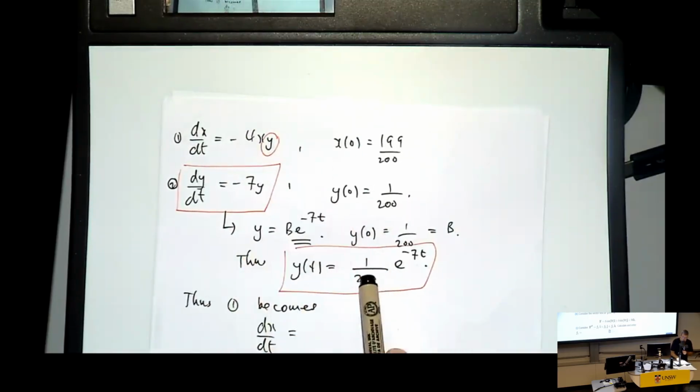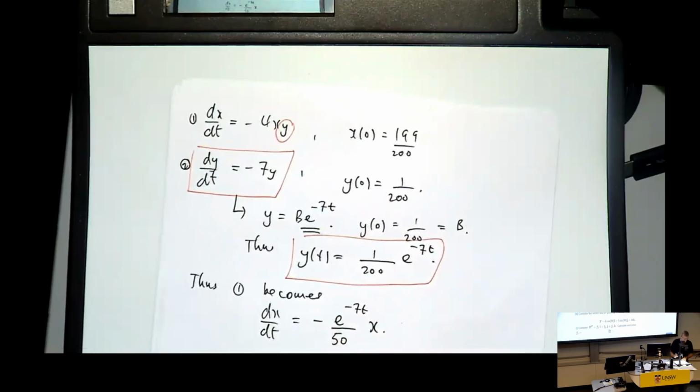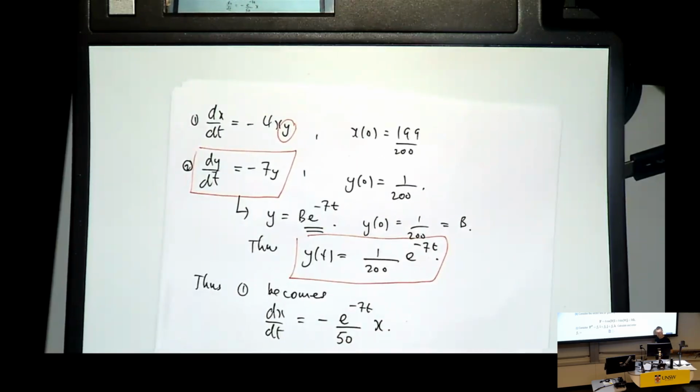The 4 divided by 200 will be 1 on 50, and you're going to get something like this. This is not a difficult problem to solve either now. It's linear, it's separable, but also you can just solve it directly.